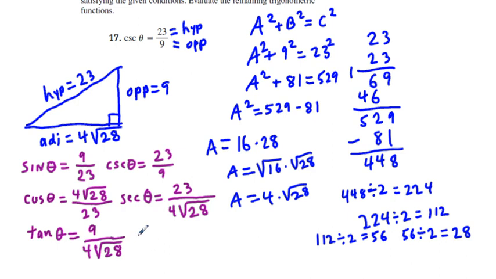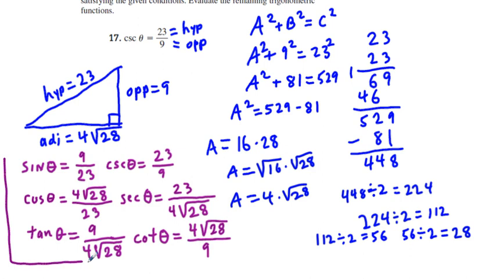And our cotangent theta is equal to the reciprocal of tangent theta, which is going to be 4 square root of 28 over 9. So there we have all of our 6 trigonometric ratios after finding the other 5.